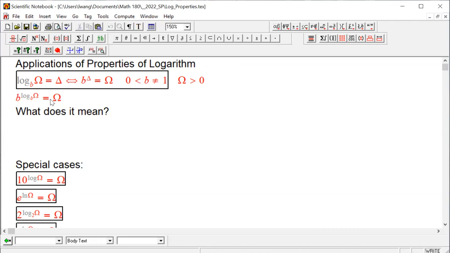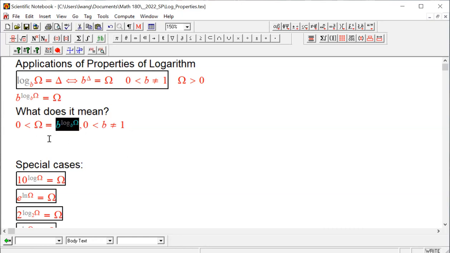So in other words, a positive number, which is larger than 0, can be represented by your chosen base in the form of exponential forms. And of course, the base has to satisfy this condition. So any positive number can be represented this way.